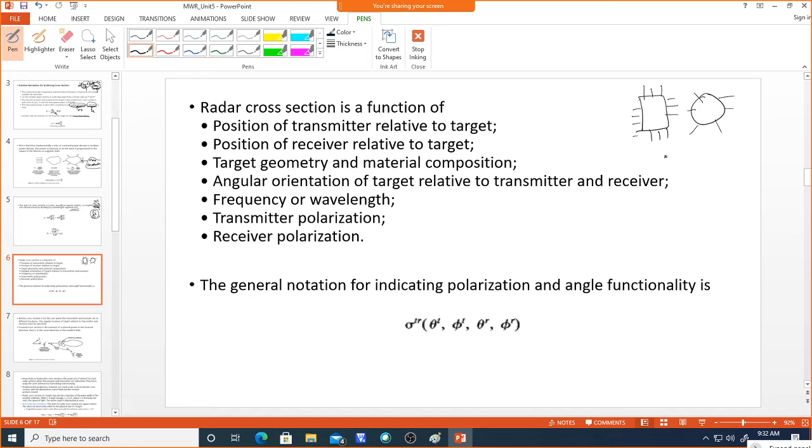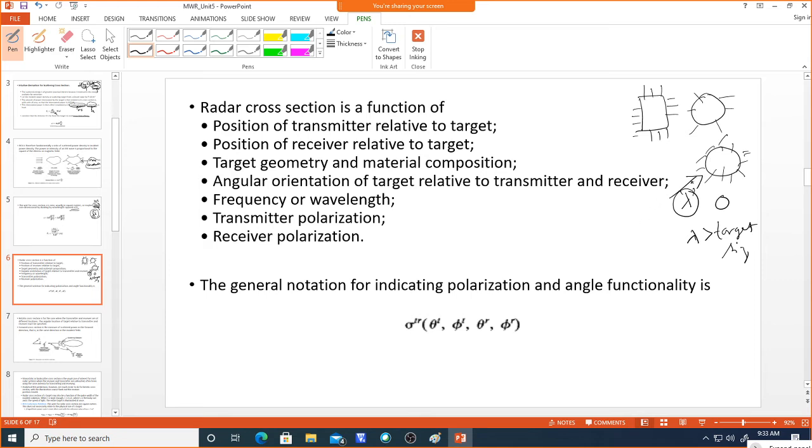Because the target may be a large target or a small target, that depends. We don't know what the actual target is. Also it is important what frequency or wavelength you are operating at. If lambda is far greater than the target size, then the pulse you transmit completely characterizes the target.